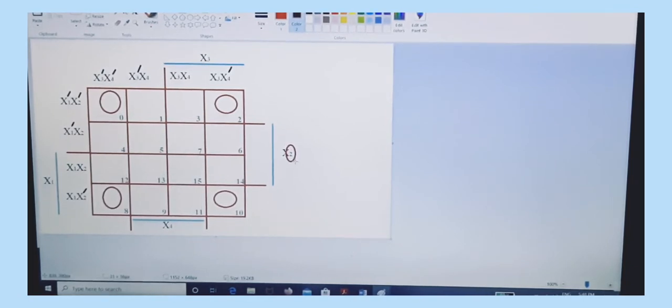First and fourth corresponding to x2 dash and first column and third column corresponding to x4 dash.